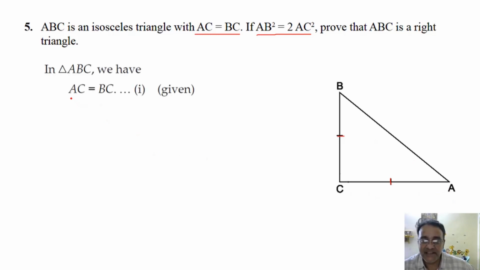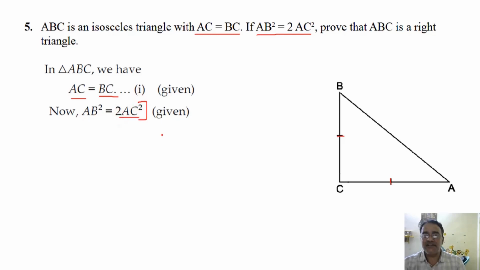Now AC is equal to BC, right? And AB square is equal to 2 times of AC square. Now what we can do, 2 times of AC square we can split it into AC square plus AC square, and we can now change one AC as BC because these two are equal.